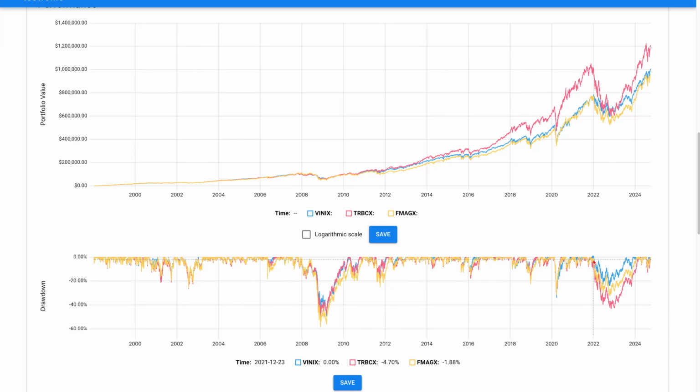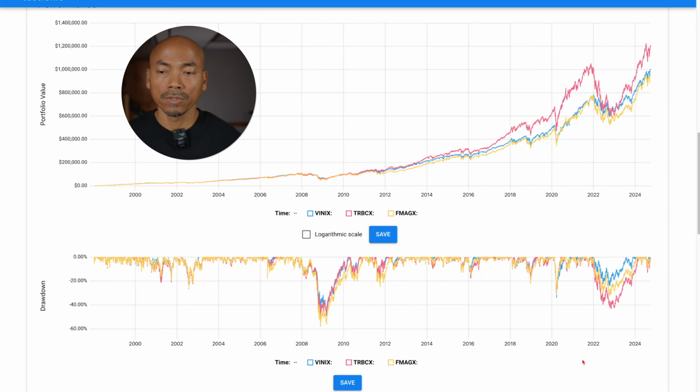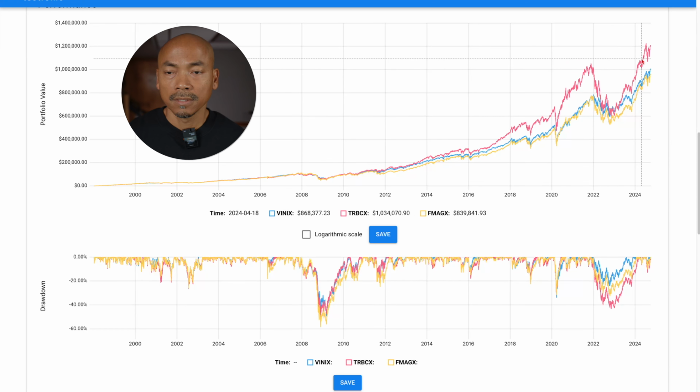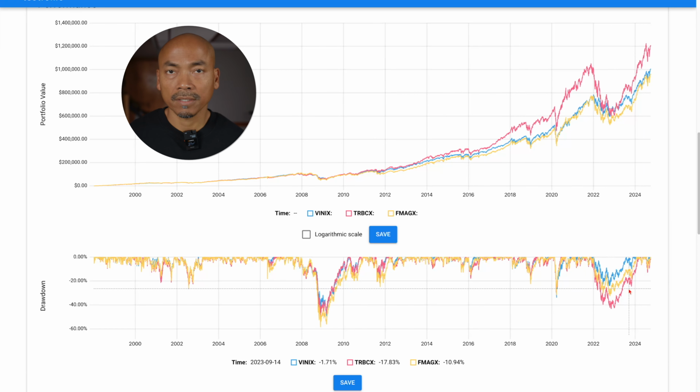But T. Rowe Price Blue Chip Growth Fund has a much steeper drawdown and a longer underwater period. Again, this goes back to when you go for a growth fund, you may enjoy higher growth, but you also have to make sure you have the stomach and the stability to withstand the potential downside.